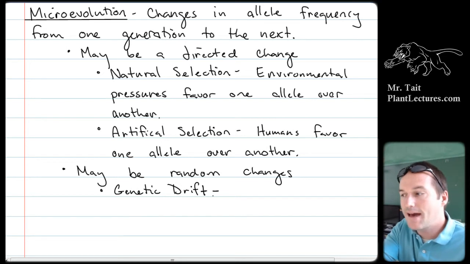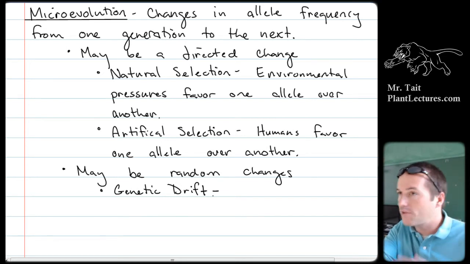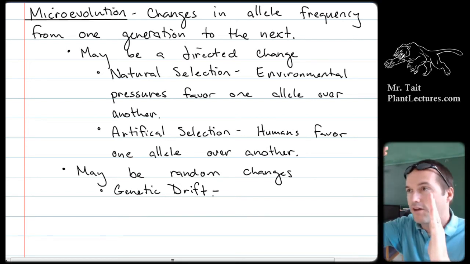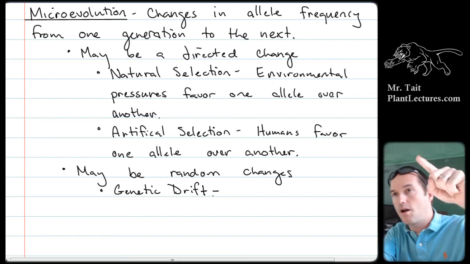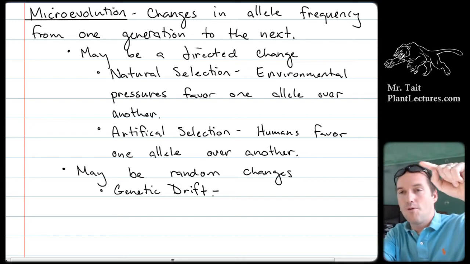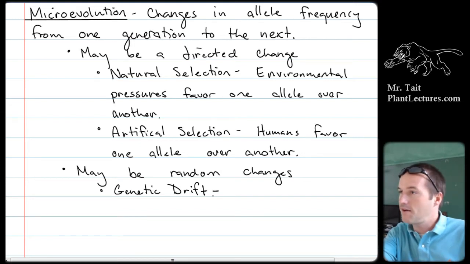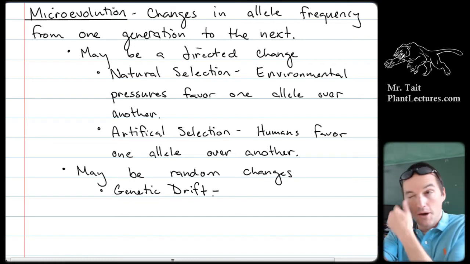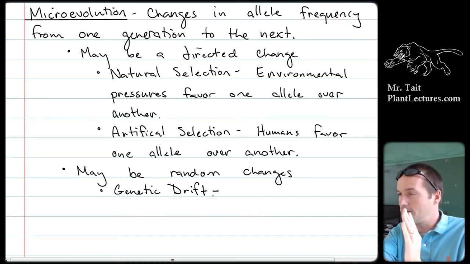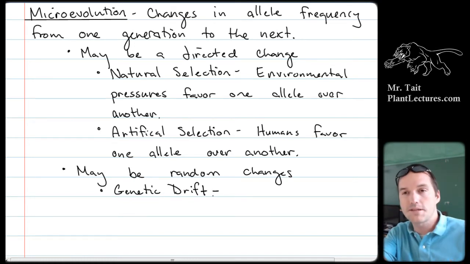So we said that in a monohybrid cross, you have a heterozygote parent and a heterozygote parent, that 25% of the offspring will be homozygous dominant, 50% of the offspring will be heterozygous, and 25% will be homozygous recessive, right? It's possible, though, that if two heterozygous parents have 10 offspring, that 100% of them will be homozygous recessive, right? It's not highly probable, but it's possible, right?